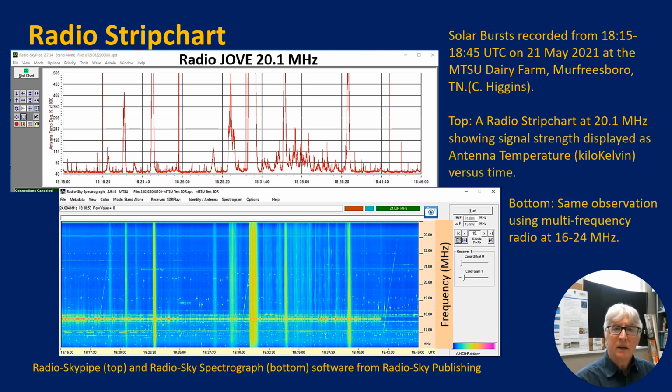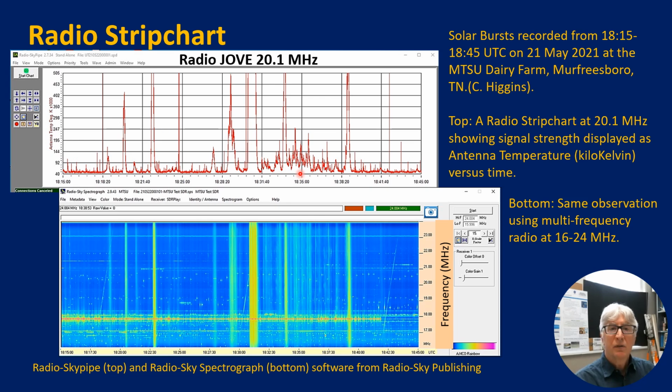Radio astronomy data is often displayed as a radio strip chart, a 2-dimensional graph of time and intensity at a particular frequency or frequency channel. Shown here is a graph of antenna temperature, which is a measure of the signal strength, versus time.